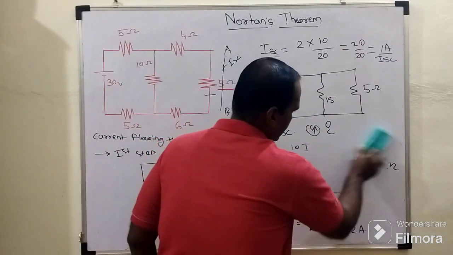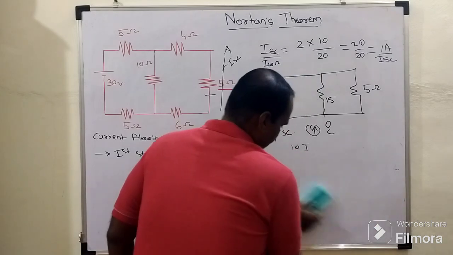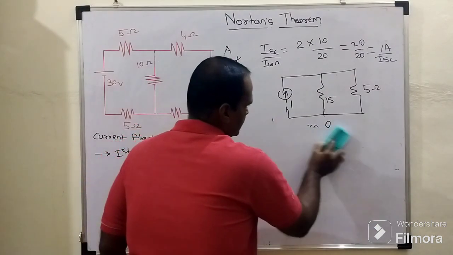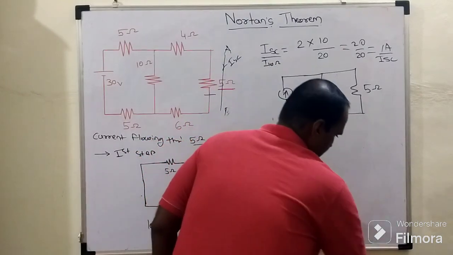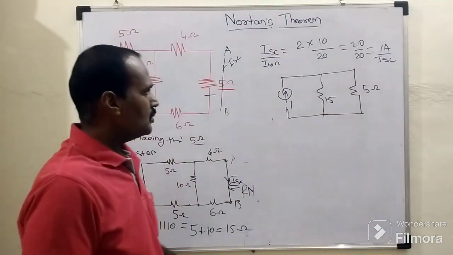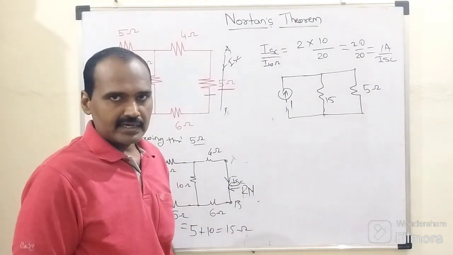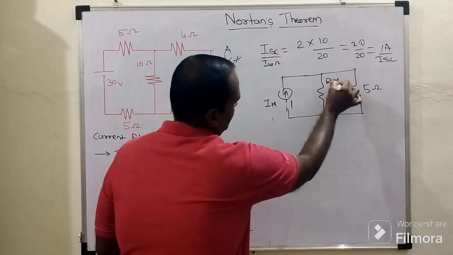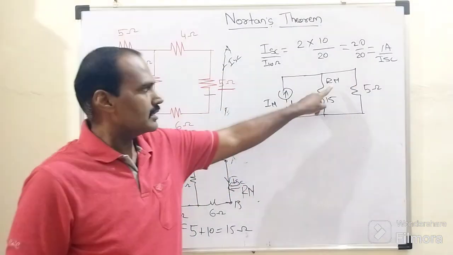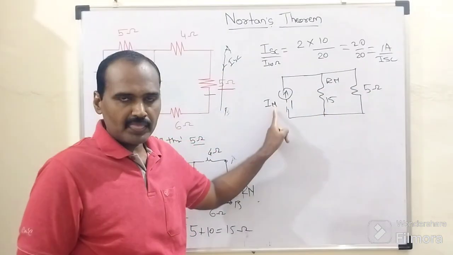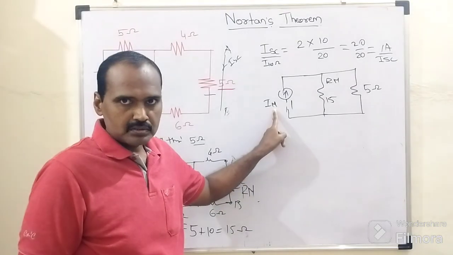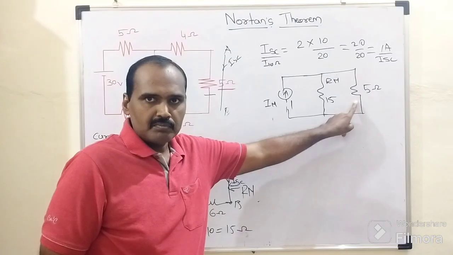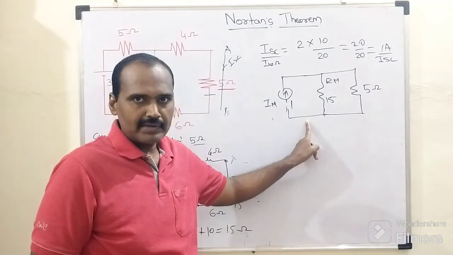So finally, once we are having the Norton's equivalent circuit, according to this Norton's theorem, any two terminal linear bilateral network can be converted into this kind of Norton's equivalent circuit, which consists of this Norton's current and Norton's resistance. This Norton's resistance is connected in shunt form with this current source, right? And again one more load resistance is connected in shunt form with this Norton's equivalent circuit.